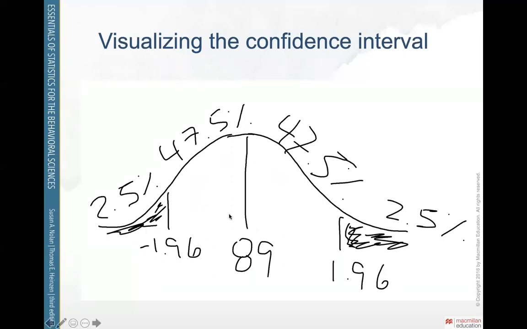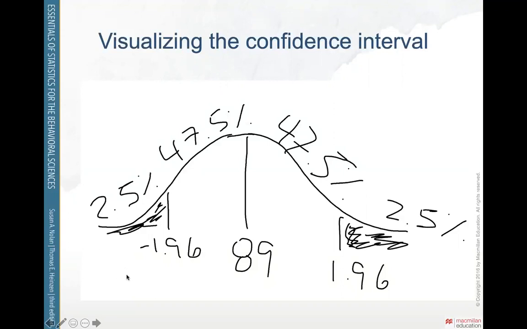Now we're at a 95% interval, but if we performed a 99% confidence interval, the Z values would go even further into the tails, because there would then be 0.5% in this tail and 0.5% in this tail. That's a 99% confidence interval. There would no longer be 5% in the two tails added together. There would only be 1% added together in the two tails, which if you divide among the two tails means 0.5% in one tail and 0.5% in the other tail.